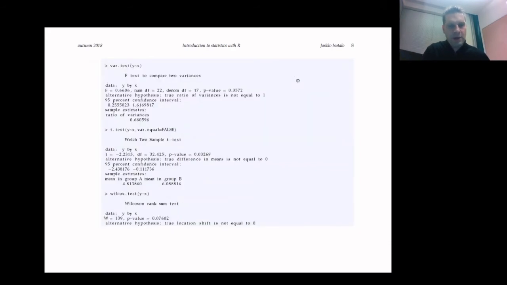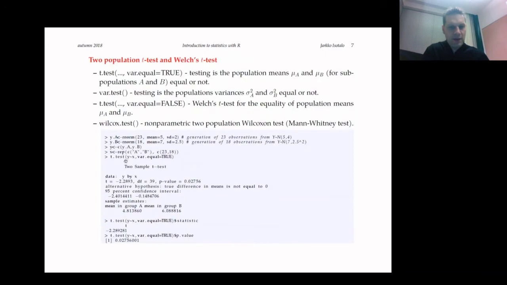However, if for some reason we think, regardless of what this test says, that we know or believe those variances are not equal, then we can test the equality of population means by this Welch two-sample t-test. Then we can again use this sort of t-test, but this time we must set this argument var.equal to FALSE. And here's the test statistic. Here is now actually the test statistic the same as in the previous cases?